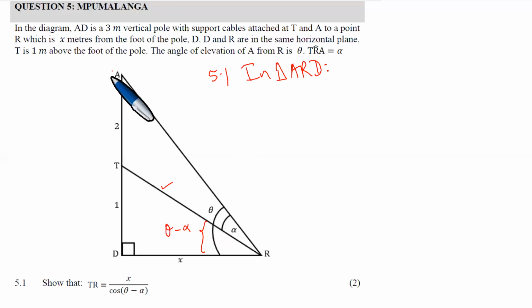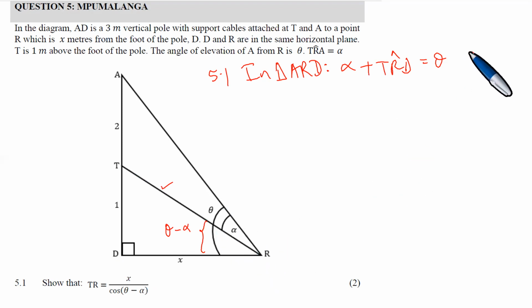In triangle ARD, we have that angle alpha plus angle TRD is equal to theta. If you add angle alpha and this little angle TRD, you actually get theta.